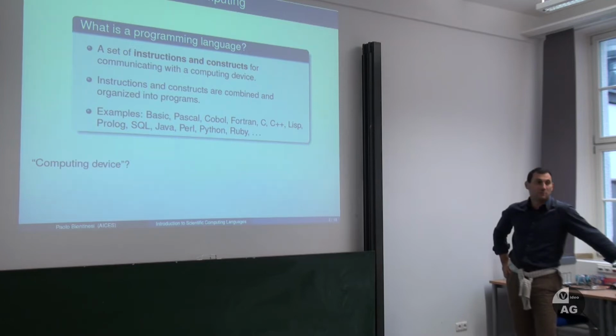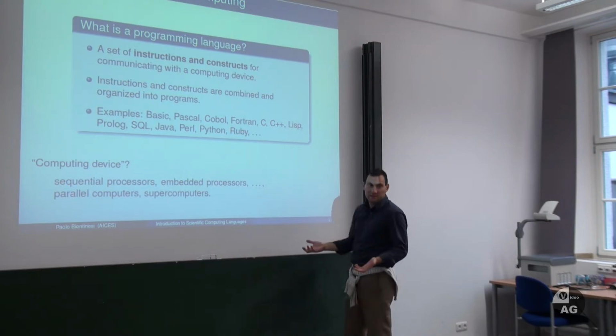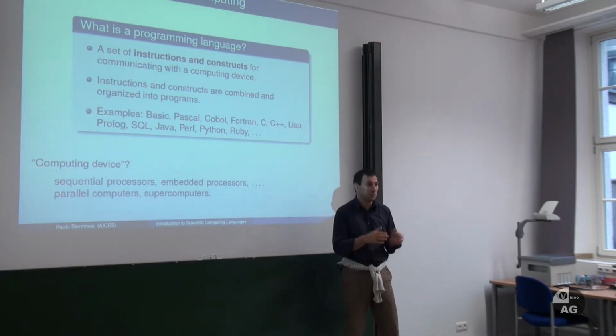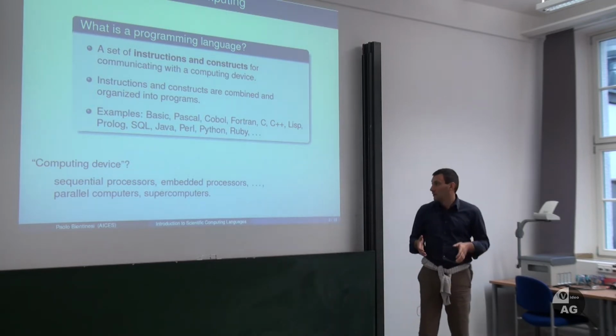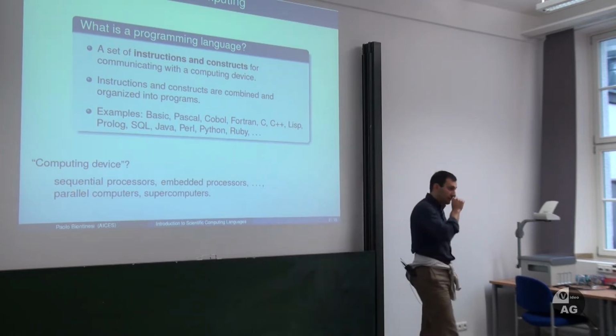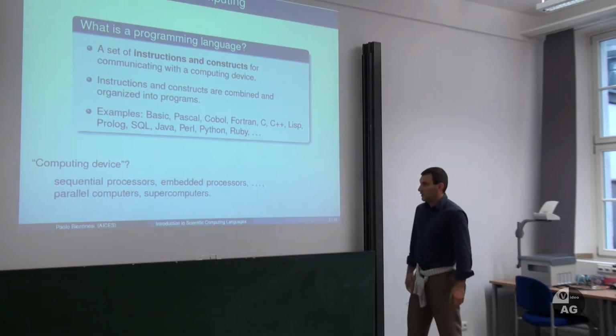Let me tell you what a computing device is. It's a processor, basically. It's anything that computes. You don't have to think about a computer necessarily. Cell phones are computing devices. If you enter the cabin of an airplane, there are plenty of computing devices.